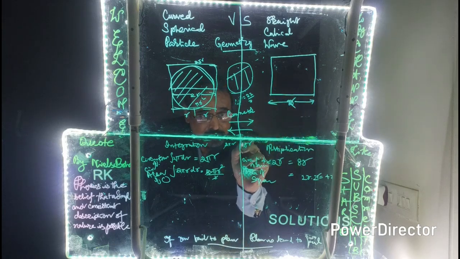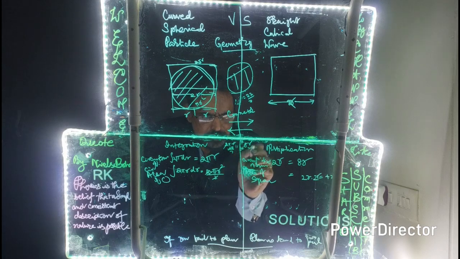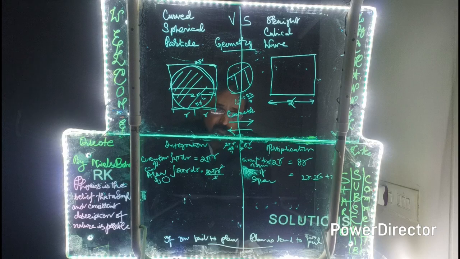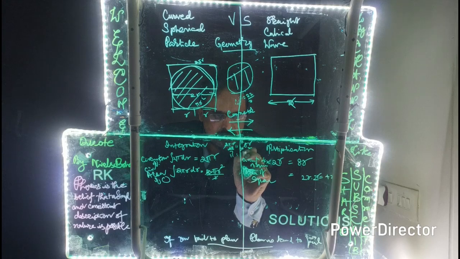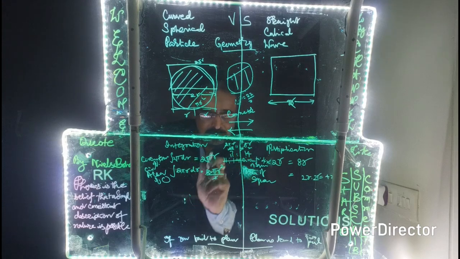So r cancels, 22 by 7, 4, and you get 11 is to 14. This is the ratio, 11 is to 14, for the circumference.